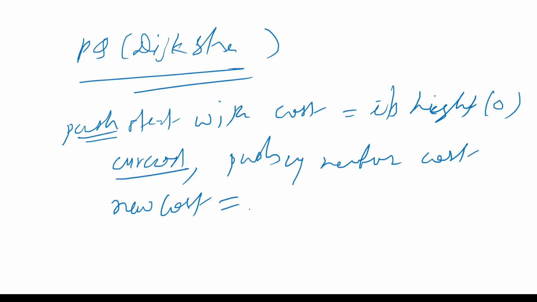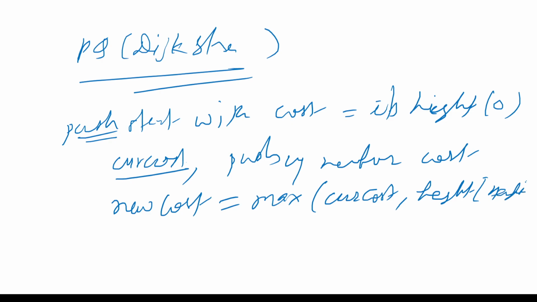So to find the new cost, you need to do what? The max of the current cost and the height of the neighbor. This is what we need to do.